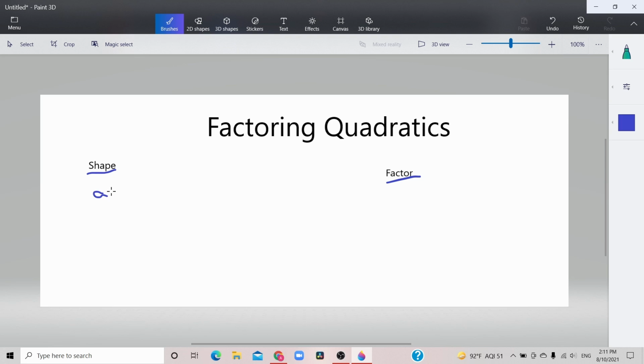The way you identify a quadratic equation is ax squared plus bx plus c equals 0.